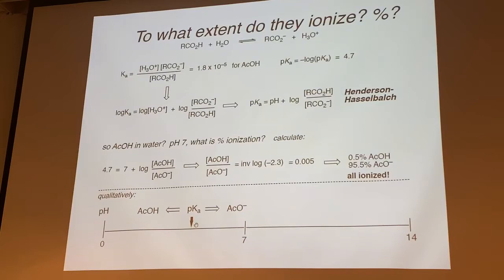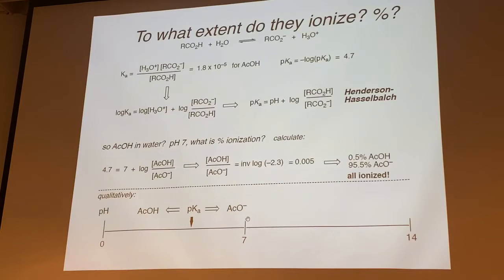Now, if this was a strong acid and we put in 1 mole of acetic acid, it would all go down to pH 0, like HCl and sulfuric acid do. But when you put in 1 mole of acetic acid here, it ionizes only to a partial extent there, okay?